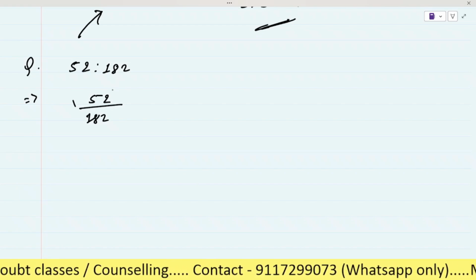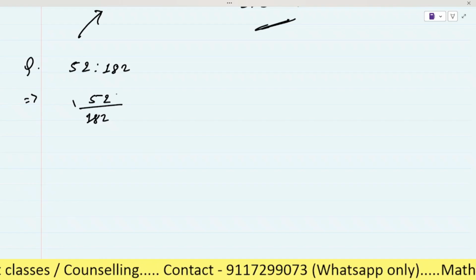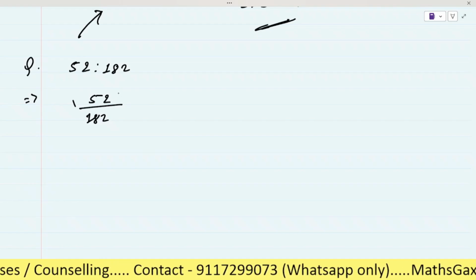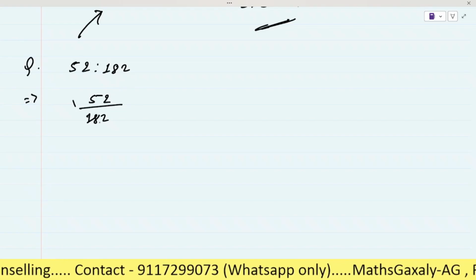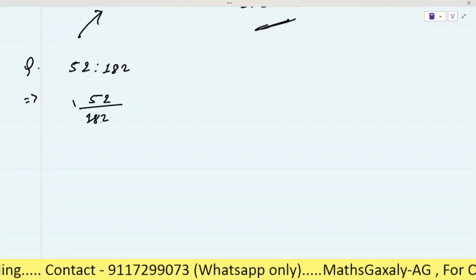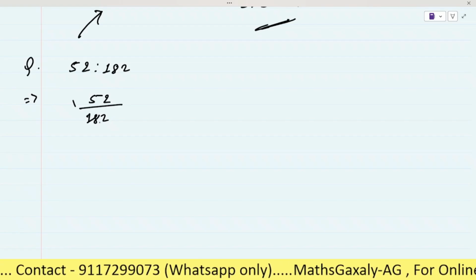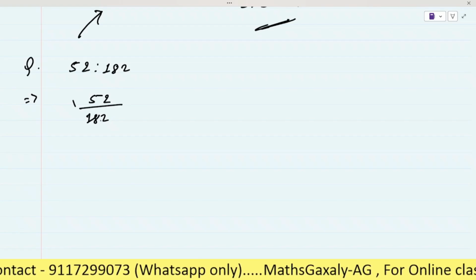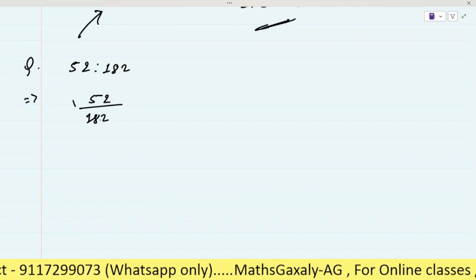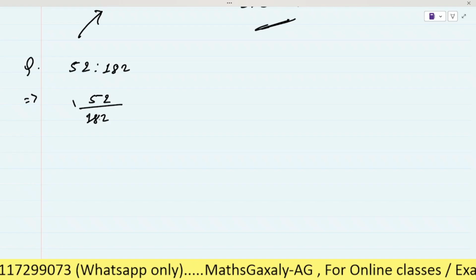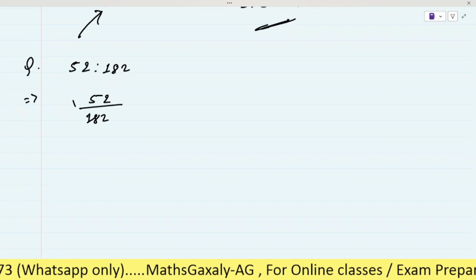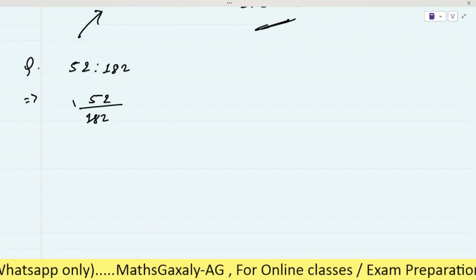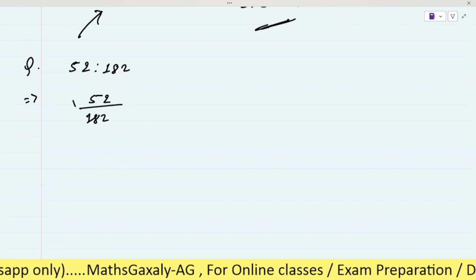So simply you can see that this value is divisible by 2, and after that 4 also. No, 4 is not the common factor. Sorry, 52, 182. So first we will try it by 2. If you can find any other common factor, you can do it.